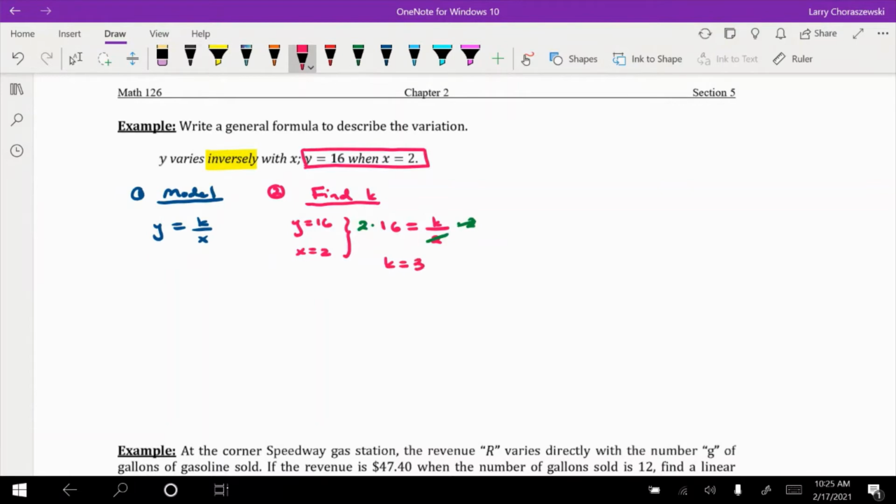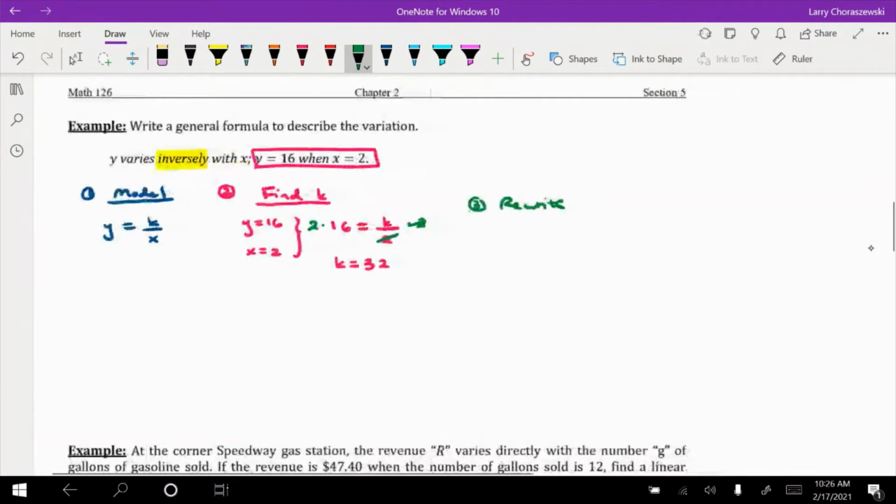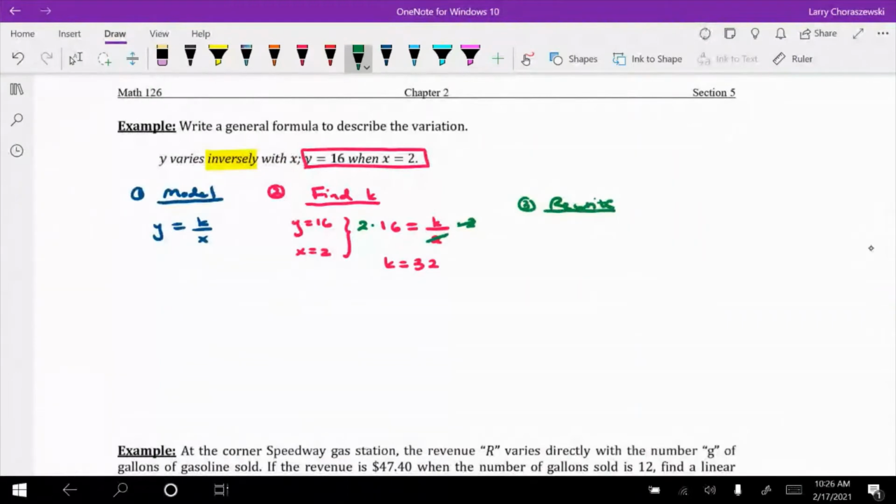And 2 times 16 is 32. Takes us to step 3. We're going to take our generic version of the model from step 1, blend it in with our value of k, and we get y equals 32, all divided by x.